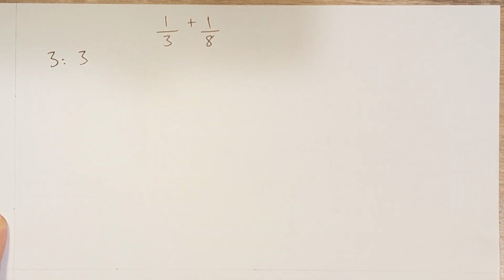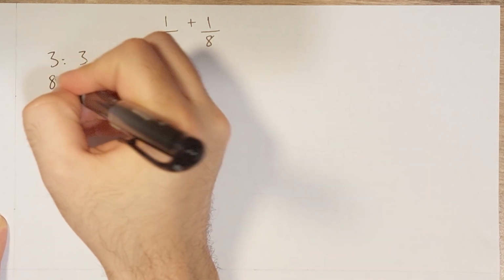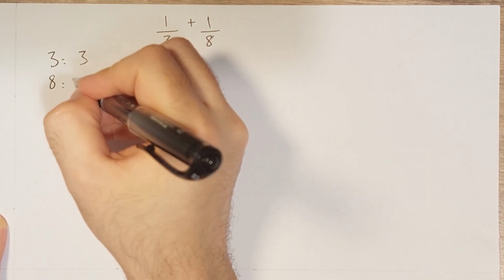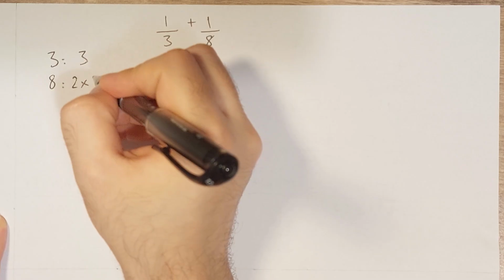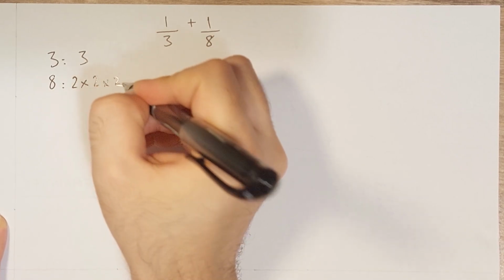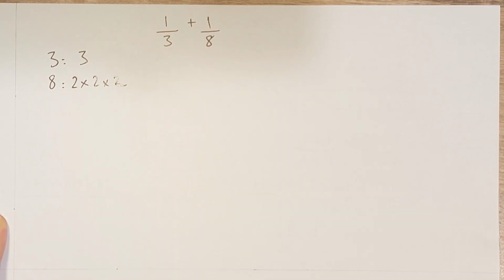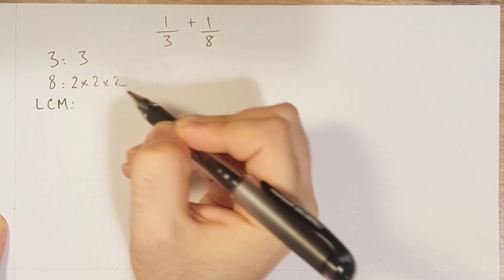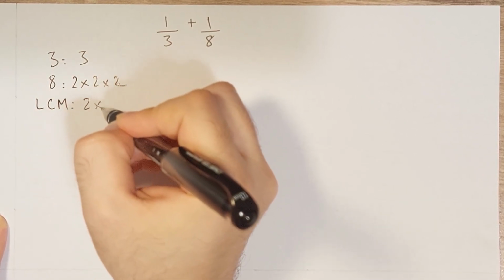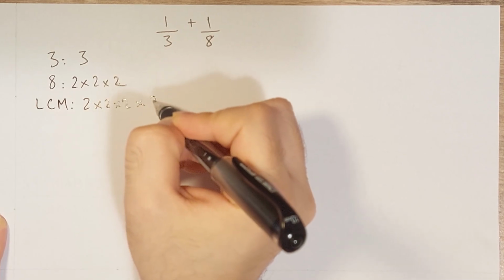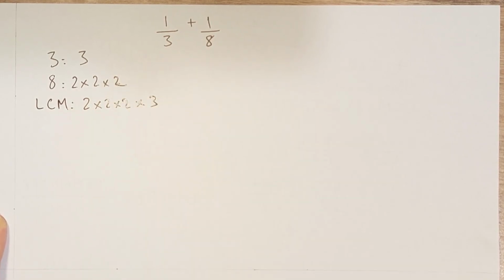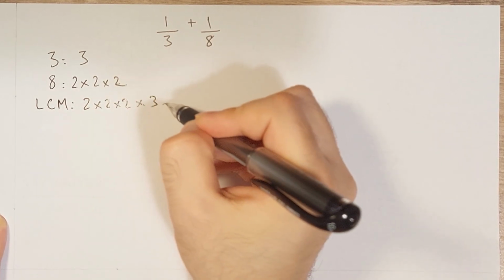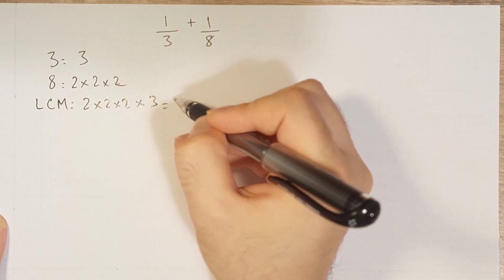We cannot break this down into more prime numbers, but we can factor 8 into prime numbers. 2 times 2 times 2. So the LCM is 2 times 2 times 2 times 3, which gives us 24.